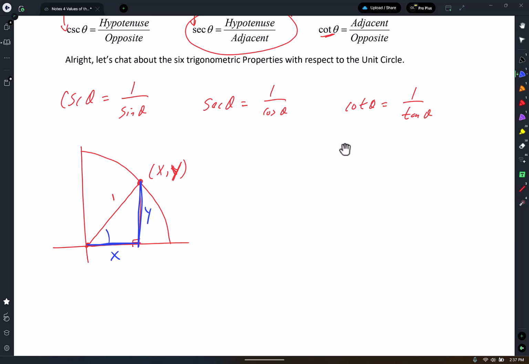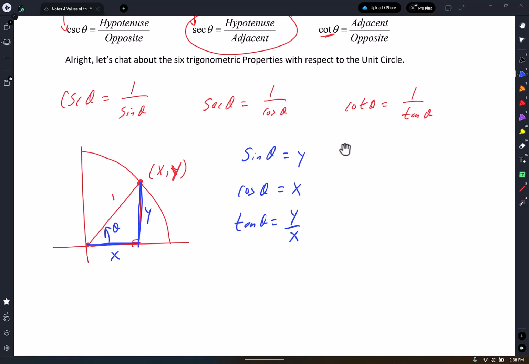If I call this angle theta, sine of that angle is opposite over hypotenuse, so it's just going to be y. Cosine of that angle is adjacent over hypotenuse, so that's just x. X divided by 1 is just x. And tangent of that angle is going to be y over x.